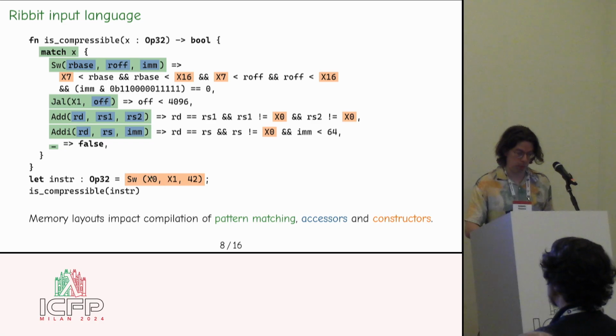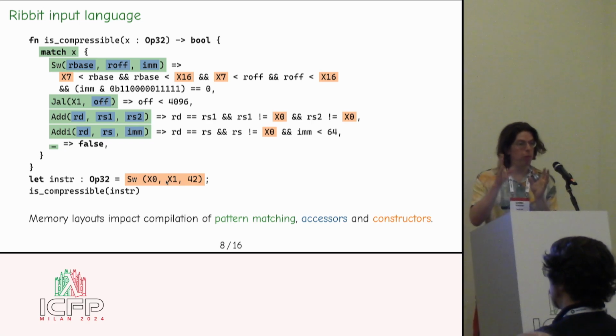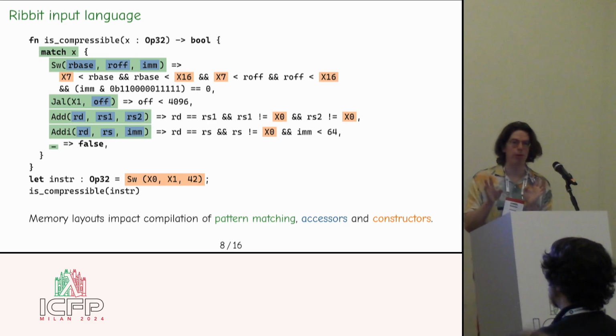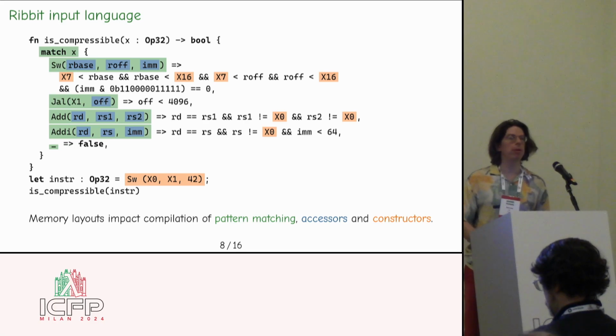There is one more complicated at the very beginning. This is the big piece I will have to compile. Let's try to give you a hint of how it compiles. Any question at this point before I move on?